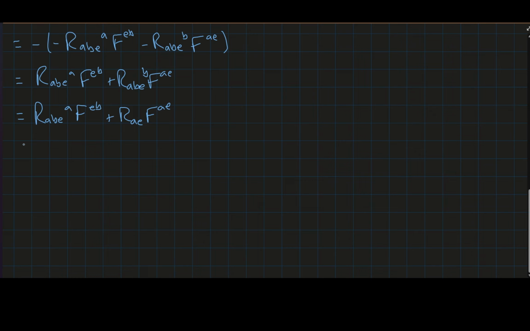So to do this, we'll use the antisymmetry of the Riemann tensor in the first two indices. So to get minus R_BAE^A, and now we have that contraction over the A's in the second and fourth indices, F^EB, plus R_AE F^AE. So we can rewrite this now as R_BE F^EB plus R_AE F^AE.